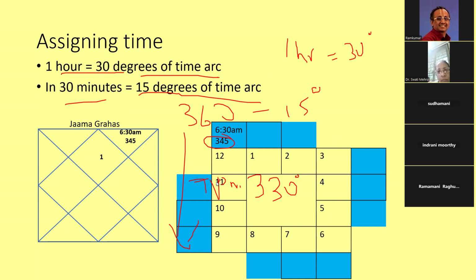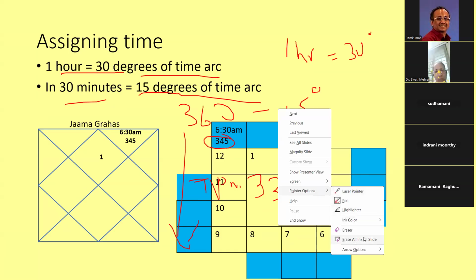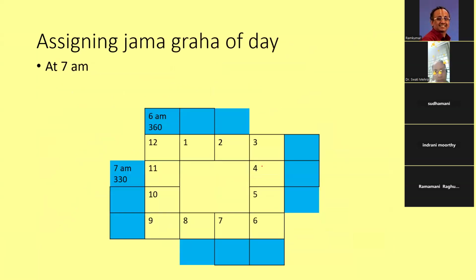Clear so far? Okay, we'll go through this. So at 7 o'clock, it will be at 330 degrees. At 8 o'clock, what will happen? Not 315. 300 degrees. Very good.